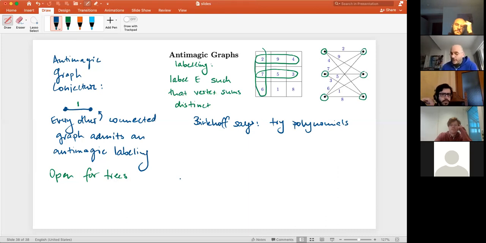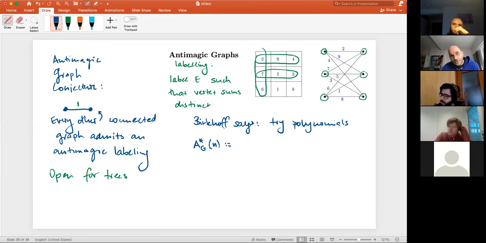So let's do that. Let me introduce now a function. A for anti-magic, and I'll put a little star on top of it for no really big reason. This is a function of some parameter n.